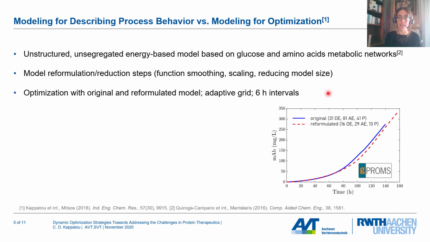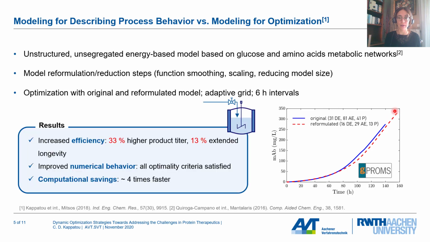And here you can see the results of this comparison. We can see in blue the original model and in red the reformulated one, and we can see how the reformulated model can yield a better objective value. More importantly, it can terminate while satisfying all quality criteria, which was not the case for the original model.